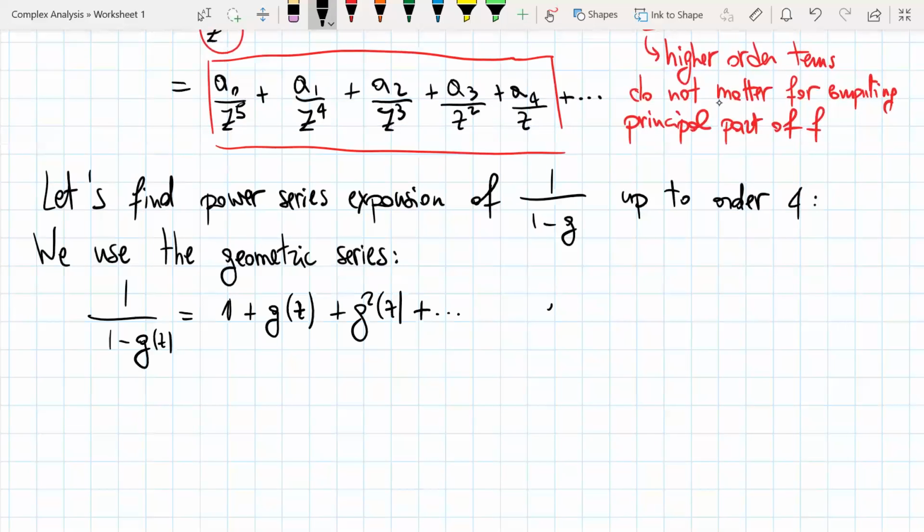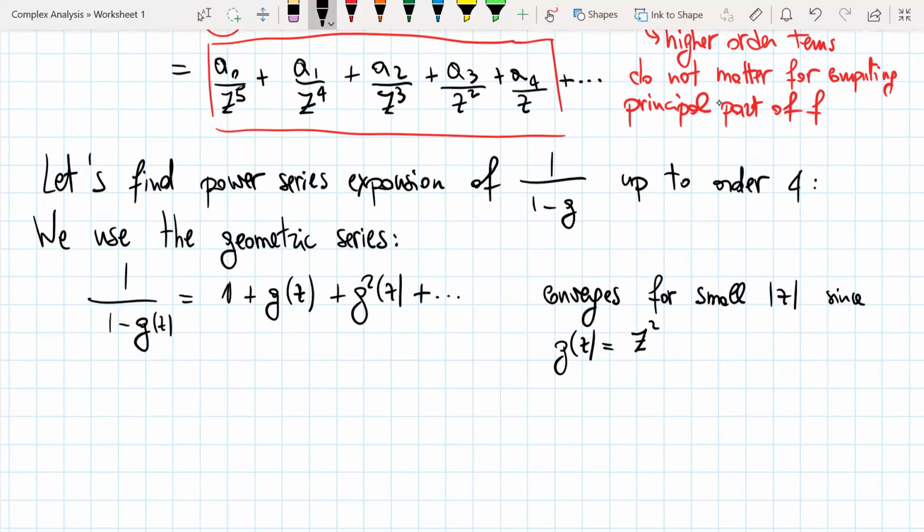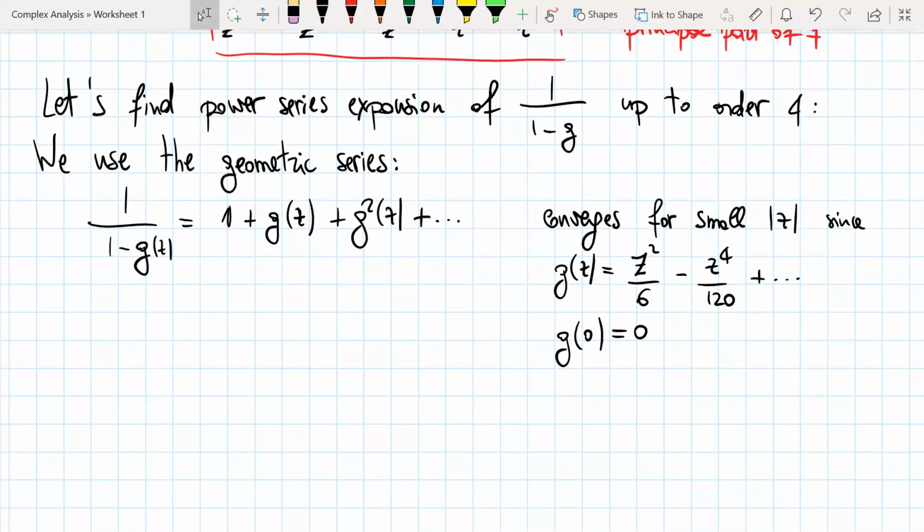So this converges for small norm of z, since g of z, what is g of z? g of z was written above, if I remember correctly, z to the 2 over 6 minus z to the 4 over 120 and other terms. So this means that g of 0 is equal to 0. So this means that for small norm of z, the norm of g is also smaller than 1. So the series converges.